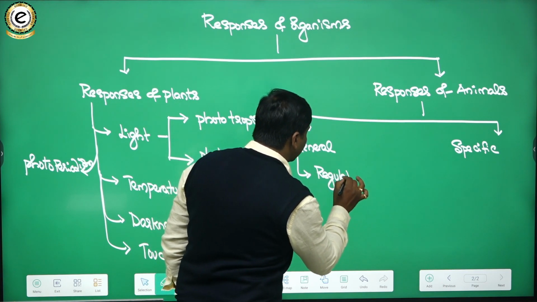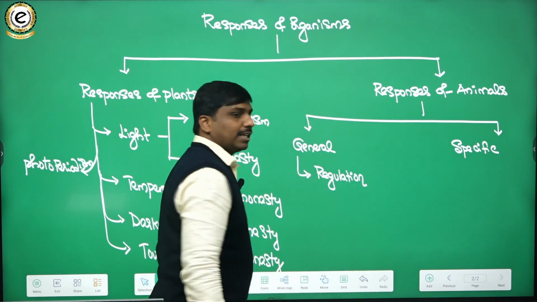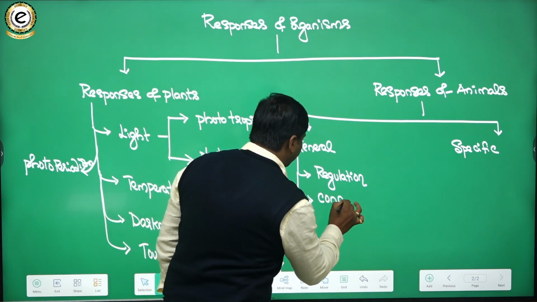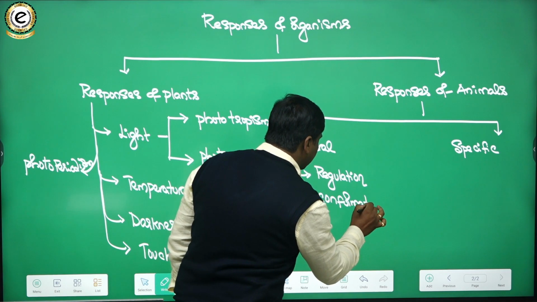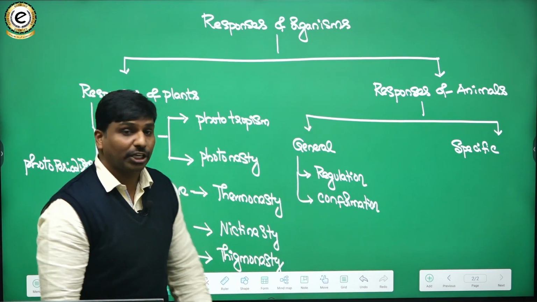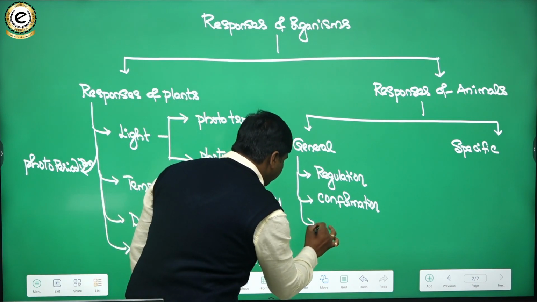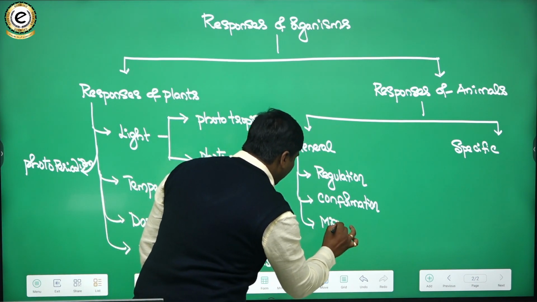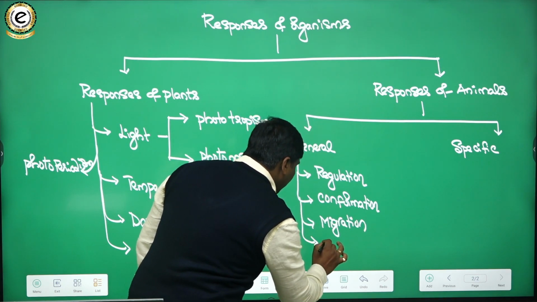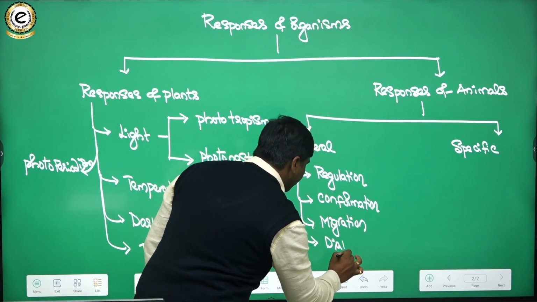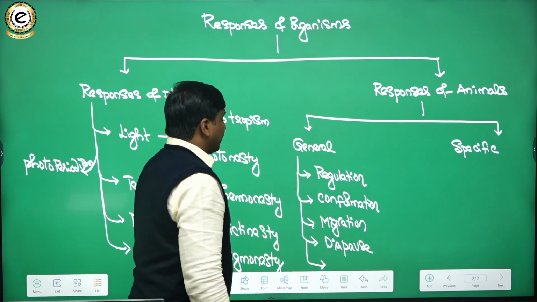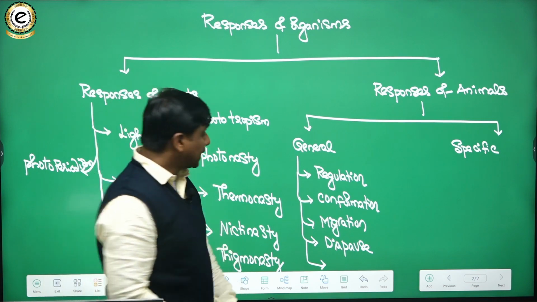regulation is one such general response, or conformation is another type of general response. Regulation, conformation, migration is another response, or diapause, and the last one we will have is suspension.